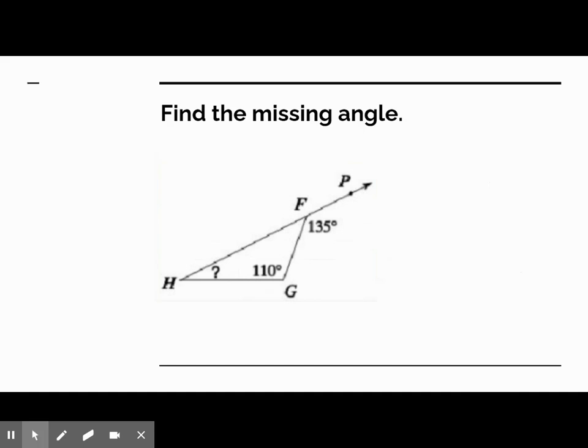Find that missing angle. Okay, is that your answer?